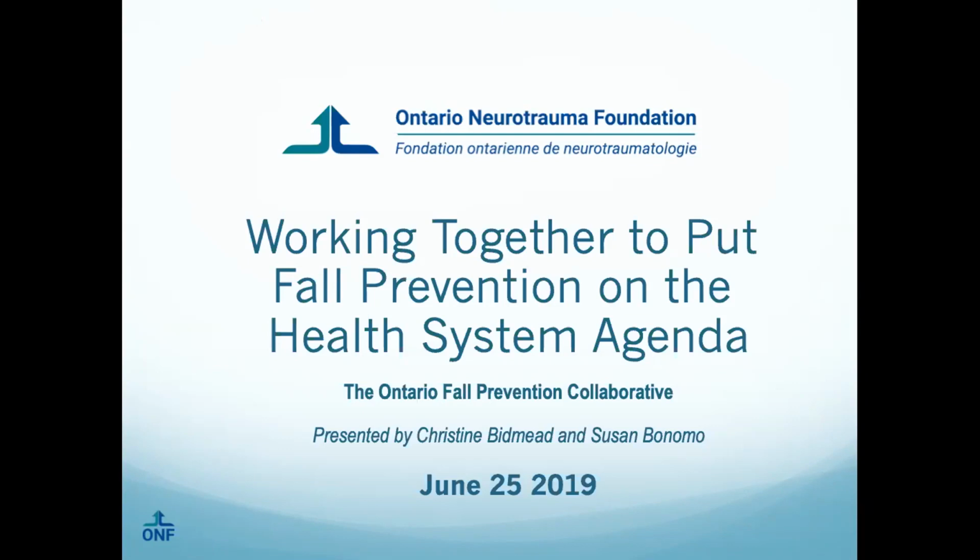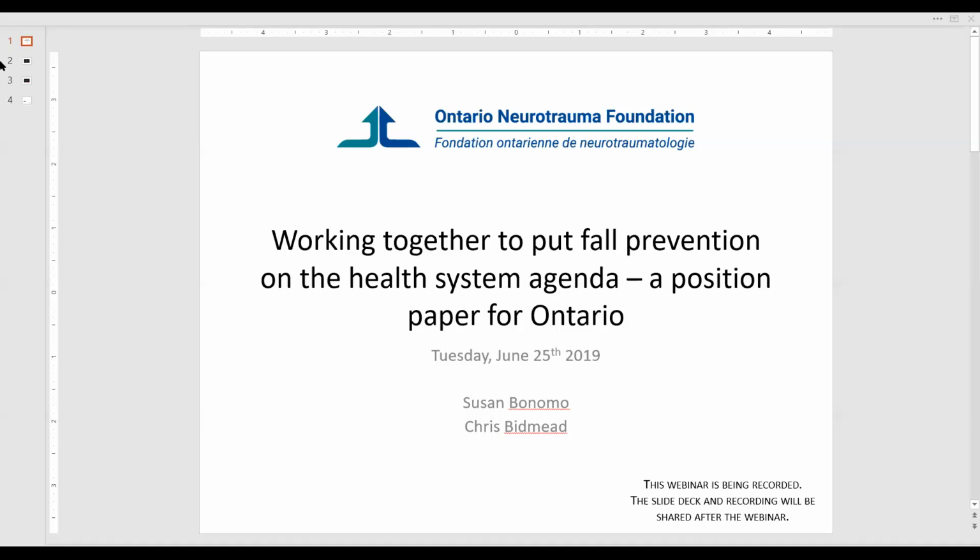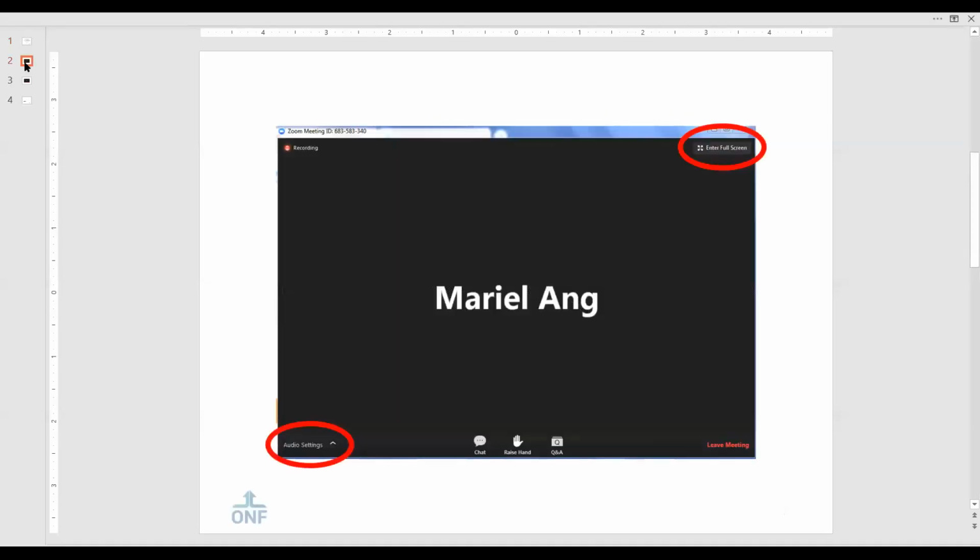And please bear with me for a second as I share my screen. Your screen may look a bit different depending on the type of computer you are using. If your Zoom application opened in full screen, you can double-click or press the Escape button on your keyboard to exit the full screen.